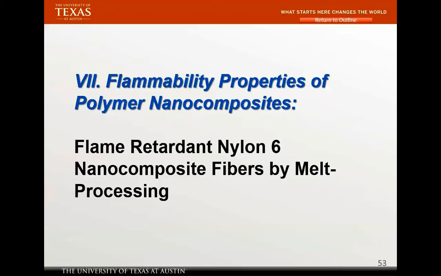The next one is from one of my actual students, a PhD patient, on flame retardant nylon 6. You probably know nylon 6 drips and melts. We are the first ones who actually came up with a way to make it non-drip and pass UL rating.